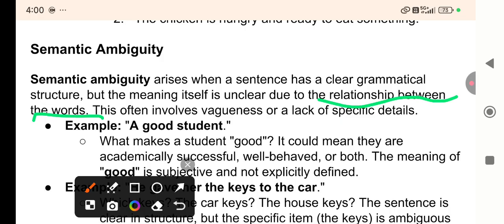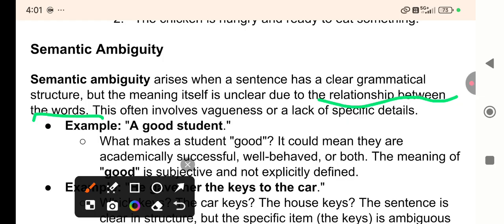This often involves vagueness or lack of specific details. When we don't put proper details, this problem occurs.